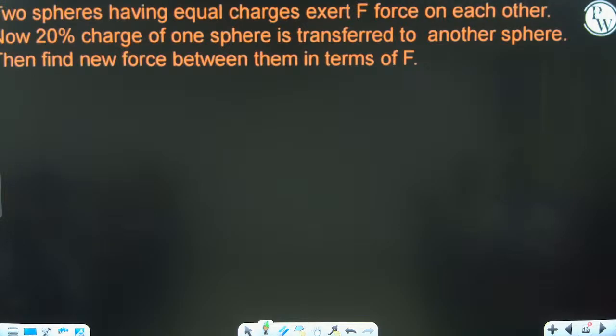F dash will be K into 0.8 Q multiplied by 1.2 Q divided by R square. Are you getting it or not? Because the values of charges have changed. What is the net force? 0.8 multiplied by 1.2 into F. Correct or not? Do this. I will check in your notebook.